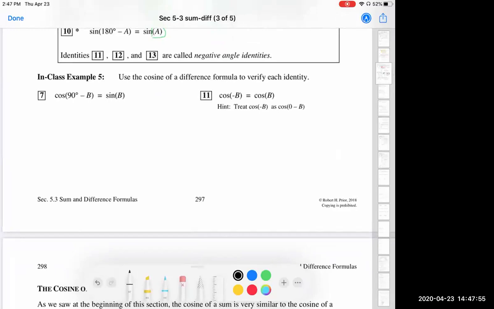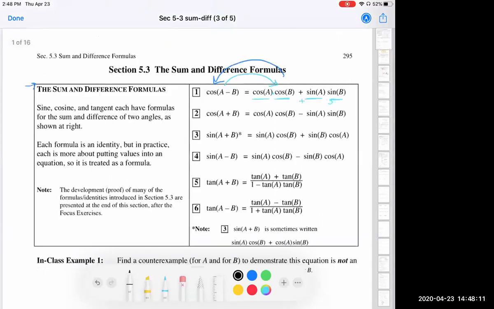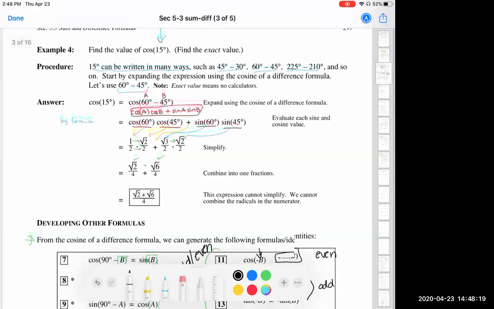All right, in class example 5, use the cosine difference formula to verify each identity. Okay, so here you want to use the formulas you have in page 1. So these formulas we have here, we want to use them to show how our co-function identities hold true, now that we know how to verify.